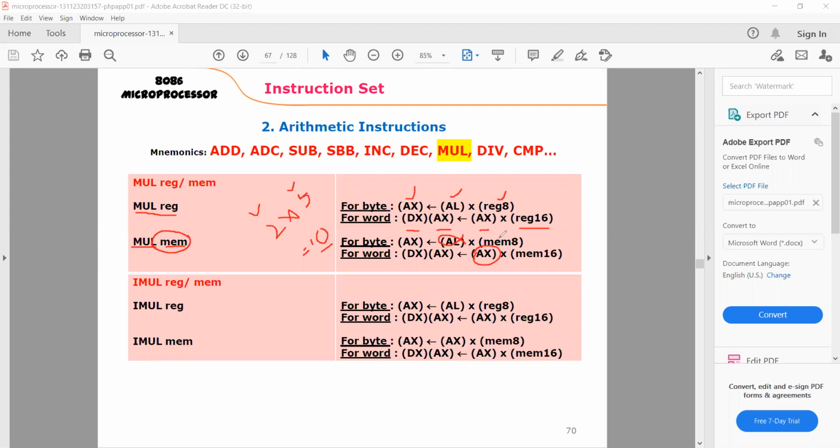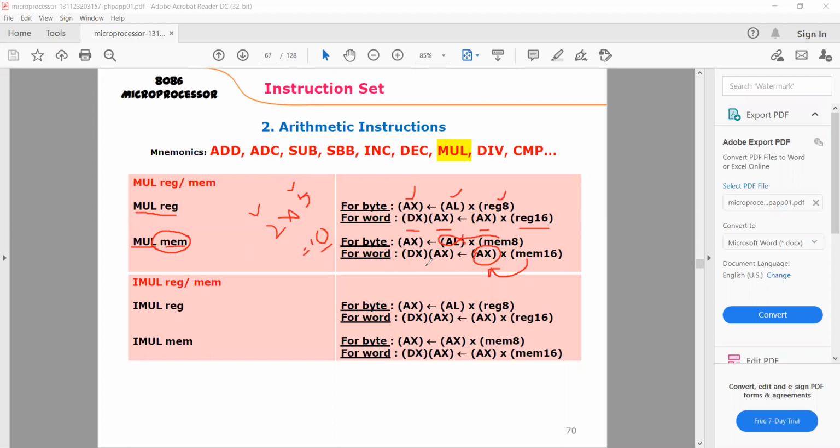The data present in the 8-bit memory will be multiplied with the data present in the accumulator. Similarly, the data present in the 16-bit memory will be multiplied with the data present in the AX register. Here the result will be stored in the AX register. Here the result will be stored in the DX and AX registers.